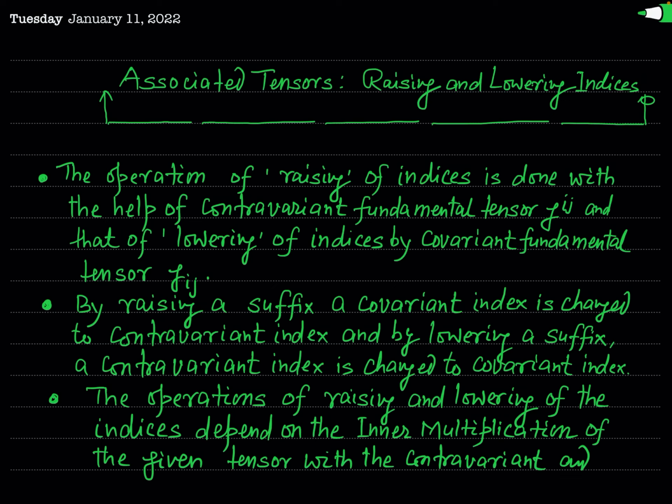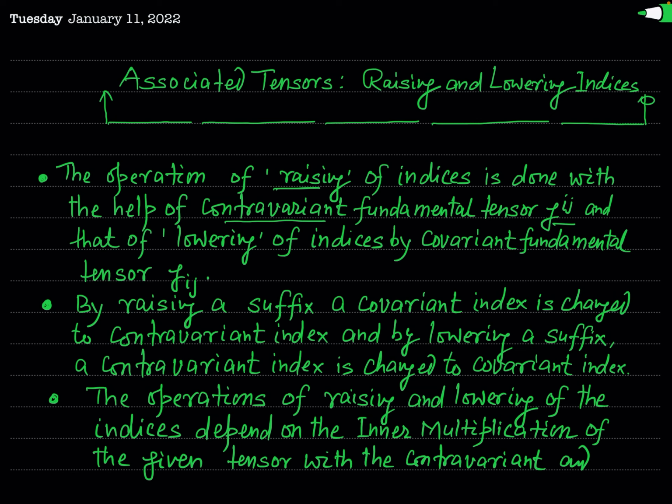As I have told you, the operations of raising of indices and lowering of indices are both performed with the help of fundamental tensors. If you want to perform the process of raising of indices, that is done with the help of the contravariant fundamental tensor G super Ij.